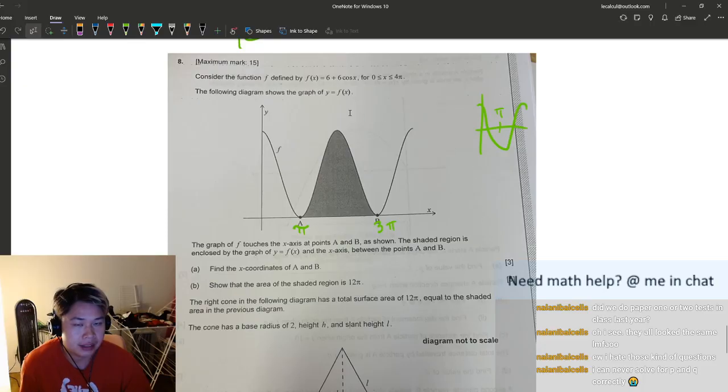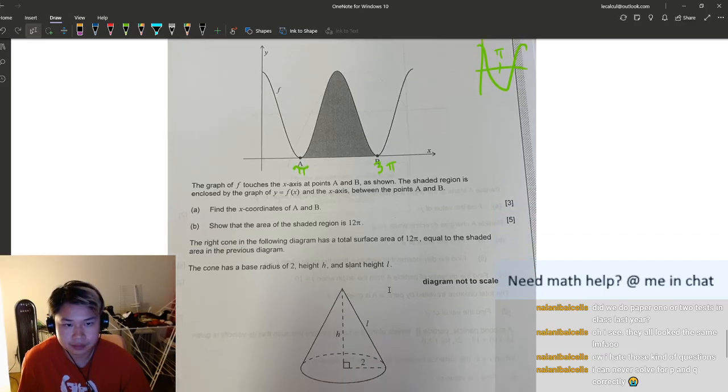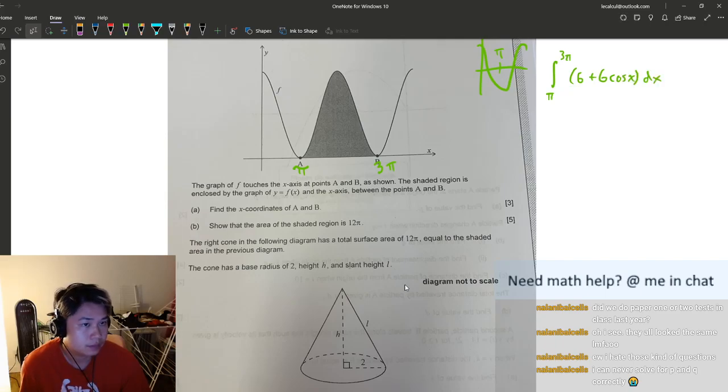So we're going to take an integral from pi to 3 pi of this. I'll do it right here. This should be easy enough to do.